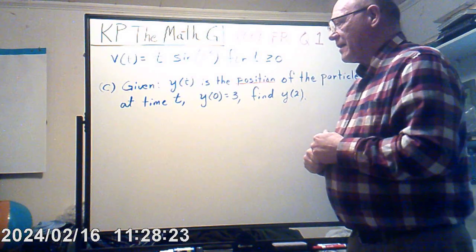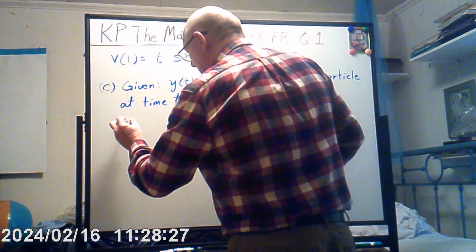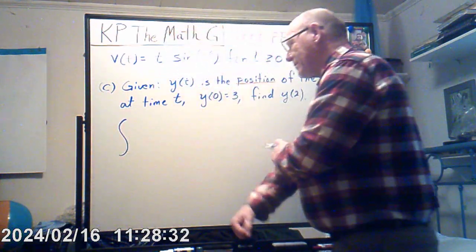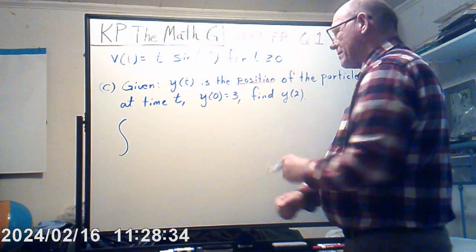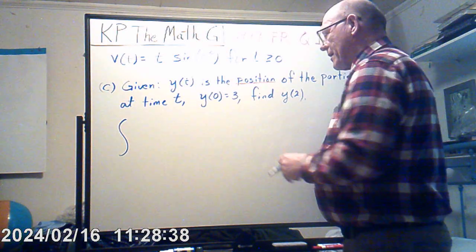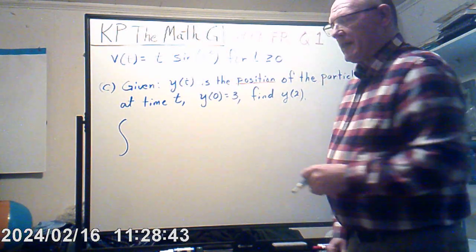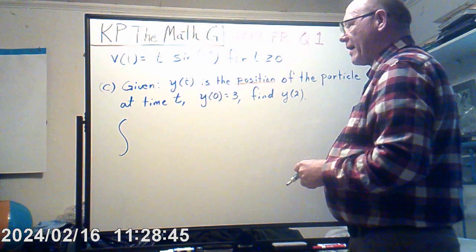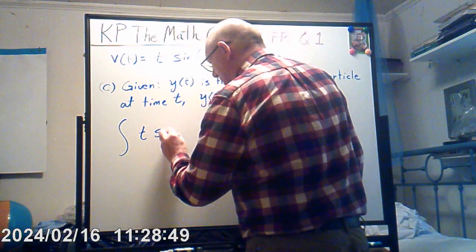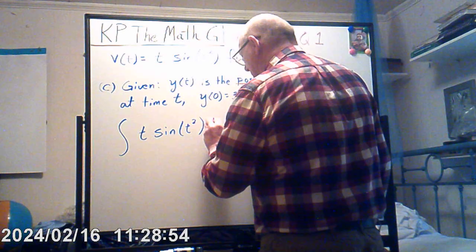I'm going to do this by hand. We don't have a definite interval. We don't say from 0 to 3 here. We're going to have a plus c on the end of this one. And so we have the integral of t sine t squared dt.